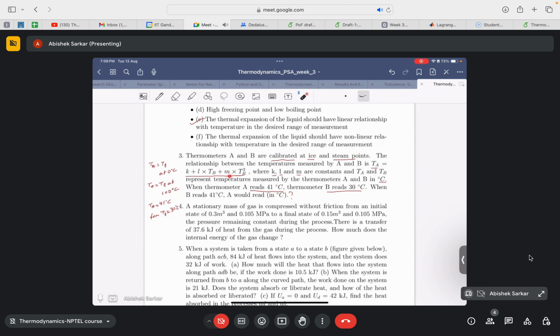Then you will get 3 different equations for these 3 different temperature points, and using that you can find the value of these 3 variables, and then tell me the answer: what will be the reading in thermometer A if the temperature at thermometer B is 41 degrees Celsius. Okay. So I hope the question is clear.